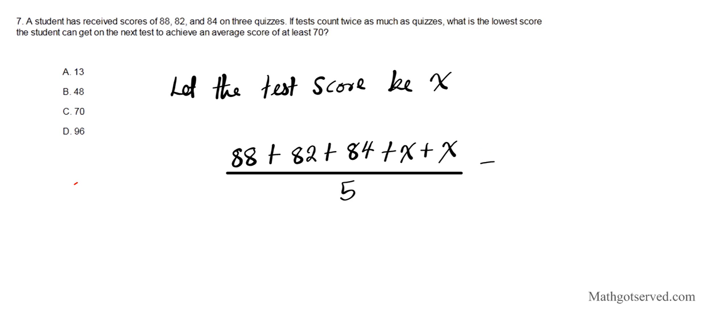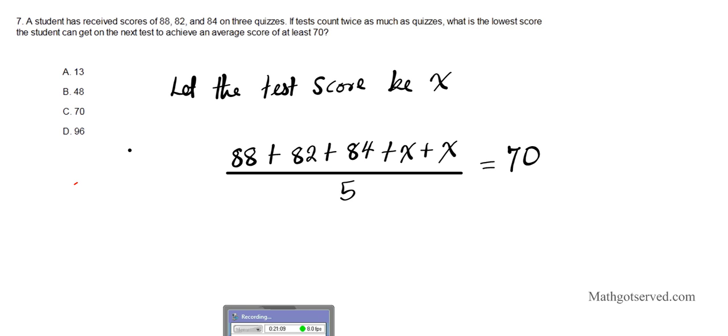So we're told that the average is 70. All right, so we'll solve this equation for x, and that will tell us what you must score on the test to get at least a 70 average. Let's go ahead and do this. We're going to add 88 plus 82 plus 84.